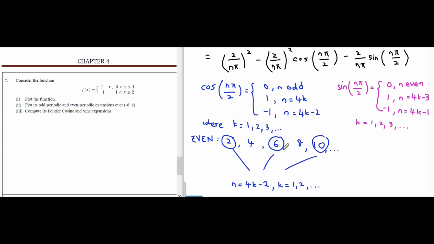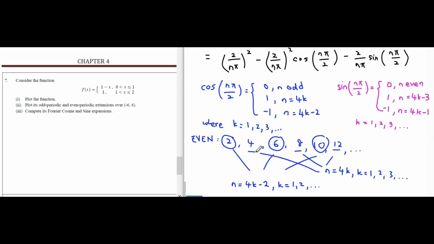While for the remaining 4, 8, 12, so this is for n equals to 4k when k begins with the value of 1, 2, 3 and so on.